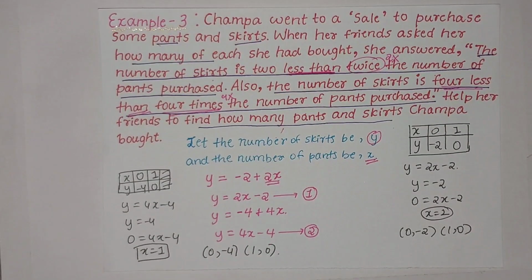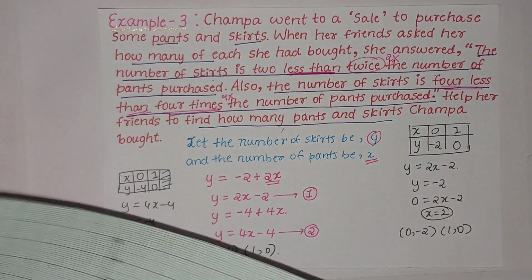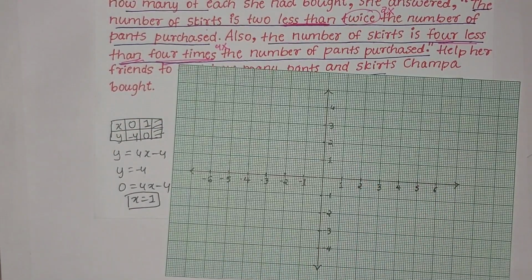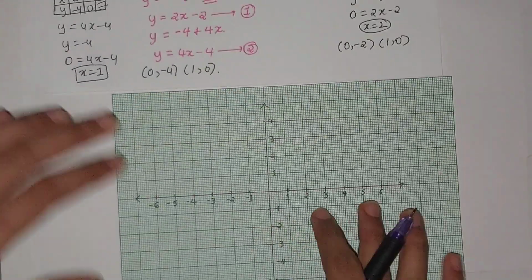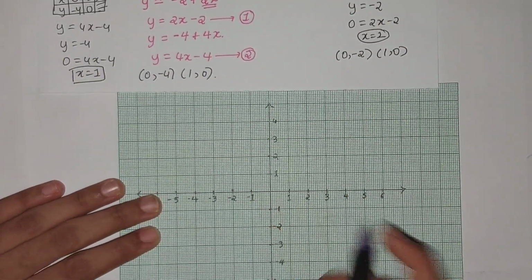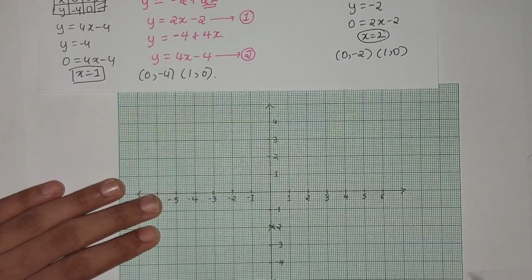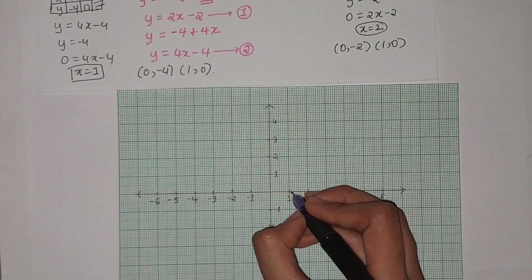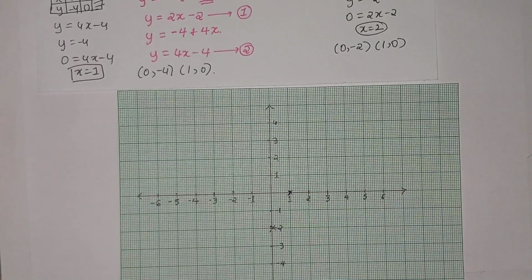Let's plot this in our graph sheet now. First 0 comma minus 2, and next is 1 comma 0, means this one. So let's draw this.